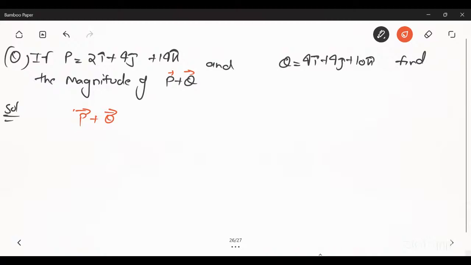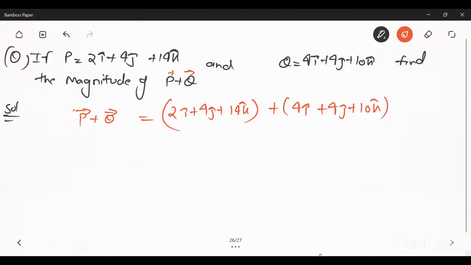You have to add 2i plus 4j plus 14k with 4i plus 4j plus 10k. Now add the ith term with the ith term. So 2i plus 4i is equal to 6i. 4j plus 4j is equal to 8j. 14k plus 10k is equal to 24k.